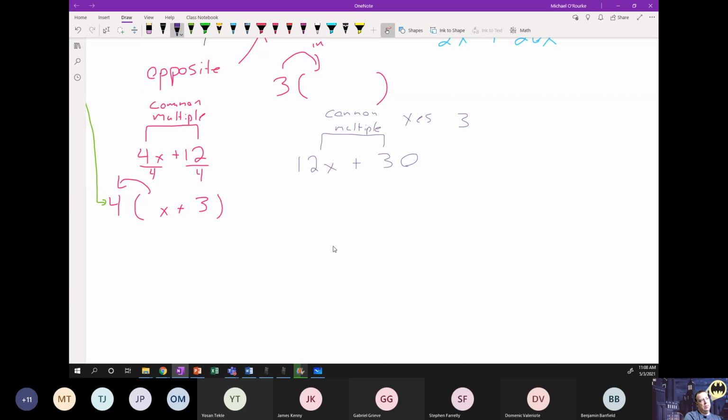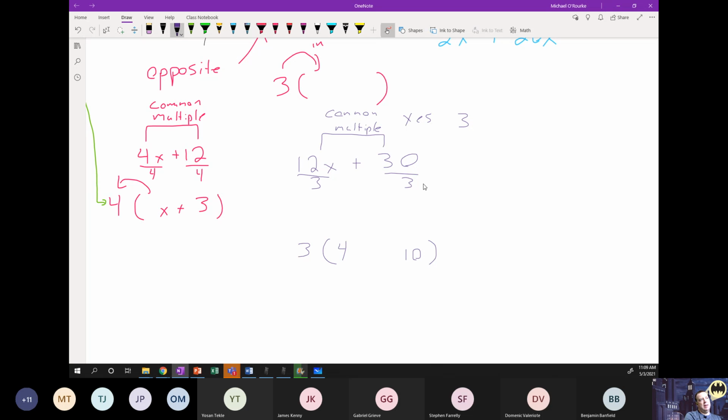It's a 3. So we're going to put the brackets there, and we put the 3 out front. We took a 3 out, okay? And then when we take the 3 out, we divide everything by 3. Now 12 divided by 3 is 4. X, actually I'm going to leave the x out right now. And 30 divided by 3 is 10.